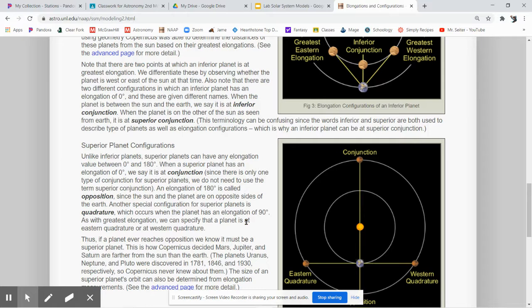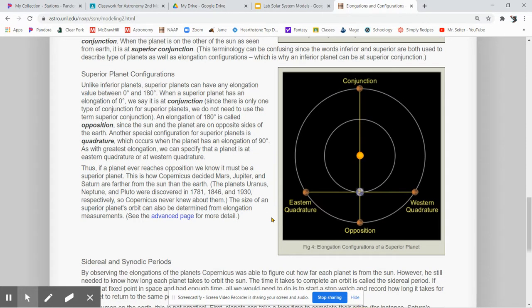An elongation of 180 degrees is called opposition, since the sun and the planet are on opposite sides of the Earth. Another special configuration for superior planets is quadrature, which occurs when the planet has an elongation of 90 degrees. As with the greatest elongation, we can specify that a planet is at eastern quadrature or western quadrature.